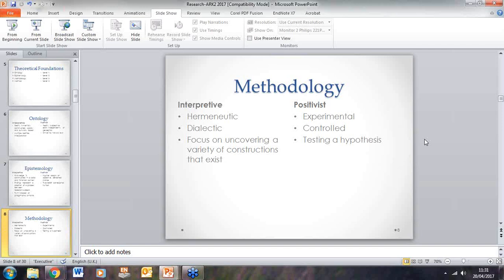So a systematic review would be considered a positivist piece of work, critical realist piece of work. You can do a narrative review, which is what you've done in MCH 501 to the literature. That's a narrative review. So it's a qualitative look at the literature because you did a thematic analysis on what the literature said.